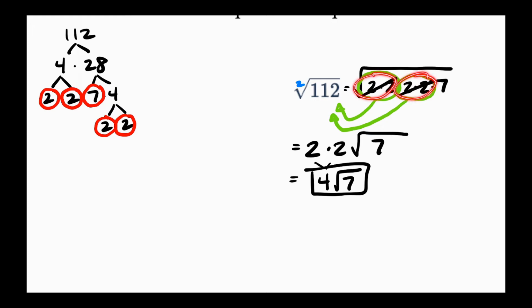I had 4, right? But then 2 of them came out here. What happened to the other 2? Why didn't I bring out 4 2s? Close, you're getting there. Didn't I have 4 2s on the inside? Why did only 2 of them get to come out?